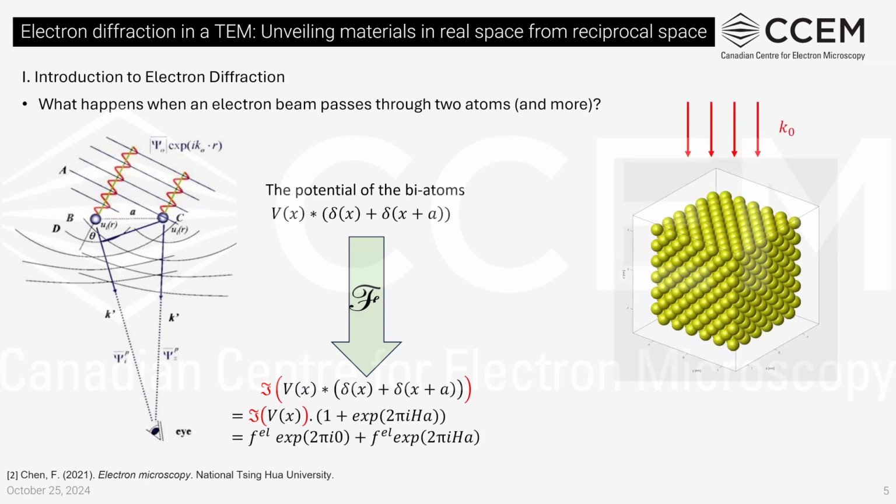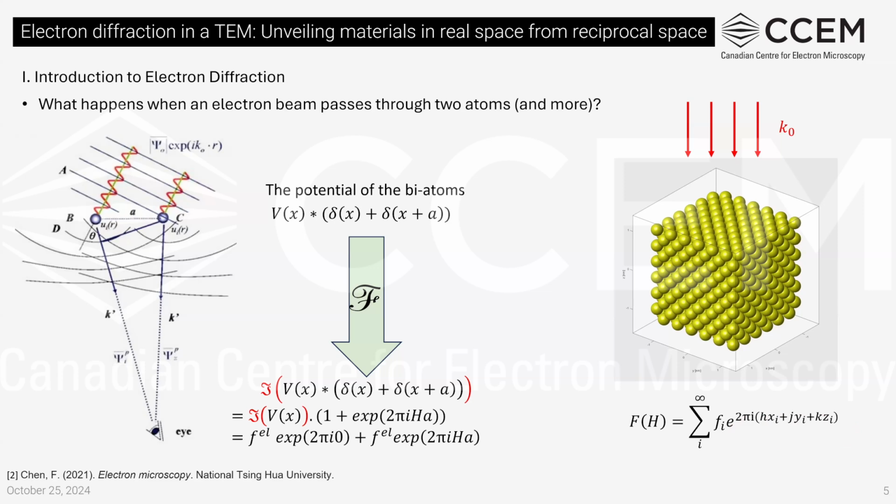Now think about a real scenario. What happens when the electron beam passes through a group of atoms? The result of the Fourier transformation is still simple and concise. It will be the summation of the electrostatic potential's Fourier transform of each and every atom times the exponential function containing the phase shift, or the relative position among atoms.